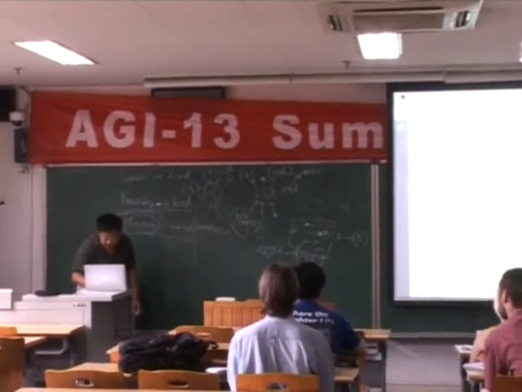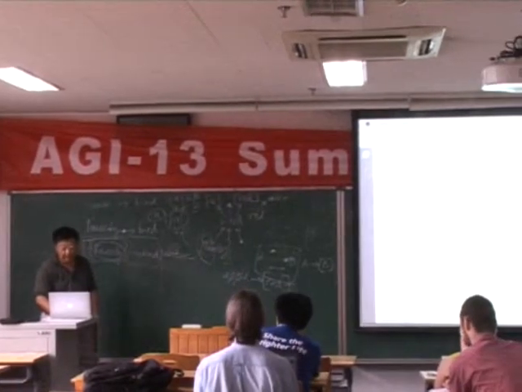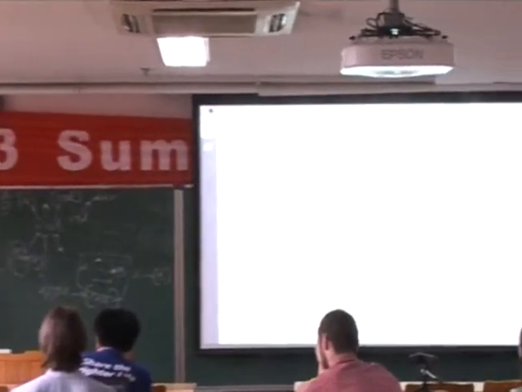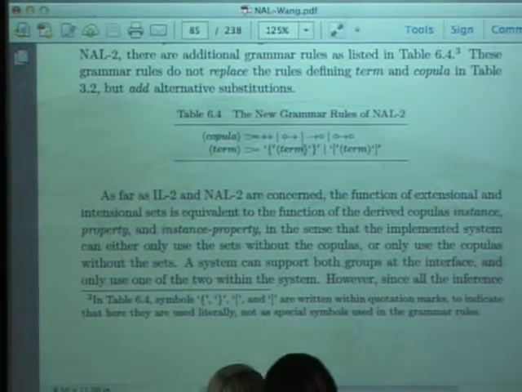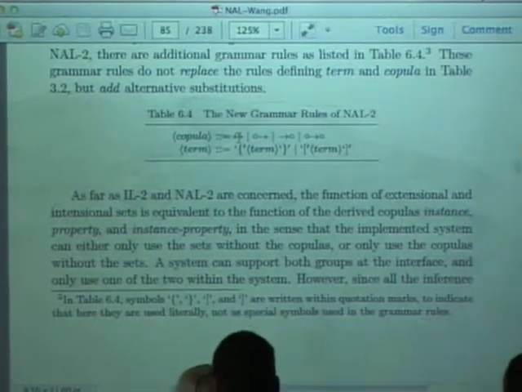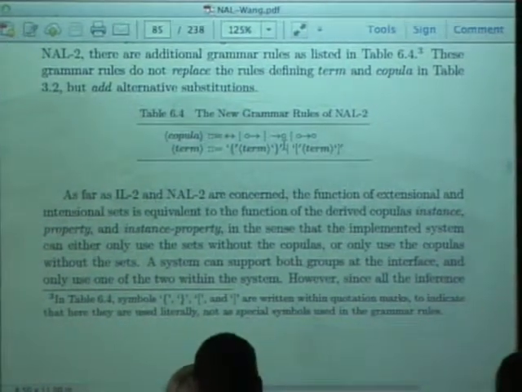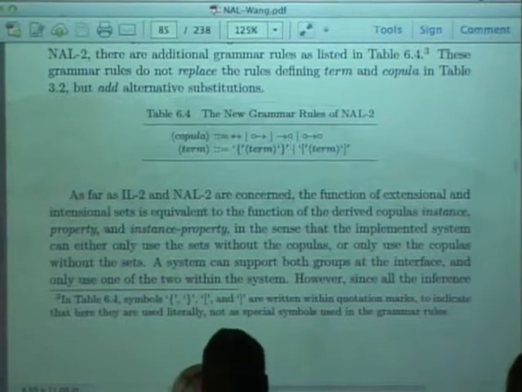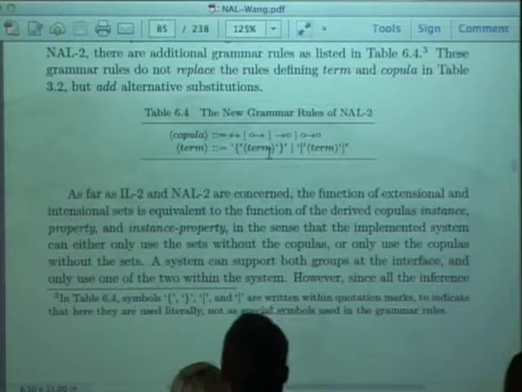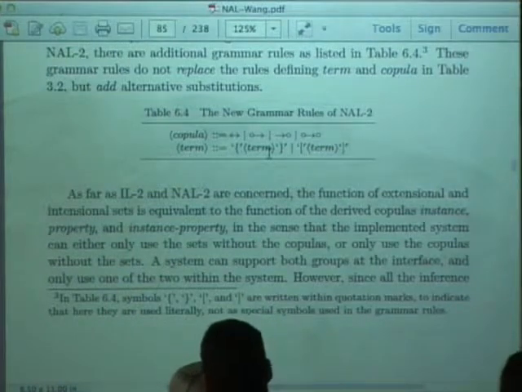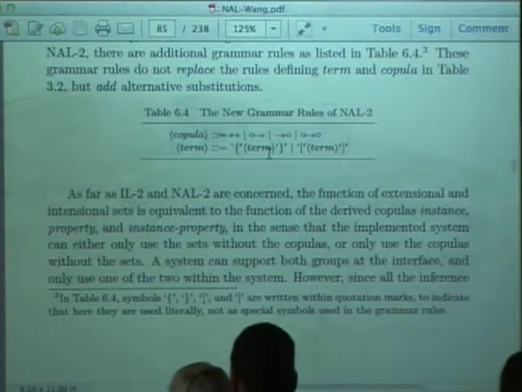So anyway, you see the new grammar rule of the second layer is we are going to introduce 3-4 copulas. But once again, in implementation, only this one is real. The other 3 will be translated, just only used in the user interface. And then for terms, we allow a term to be put within a pair of these curly braces or square braces to become another term.